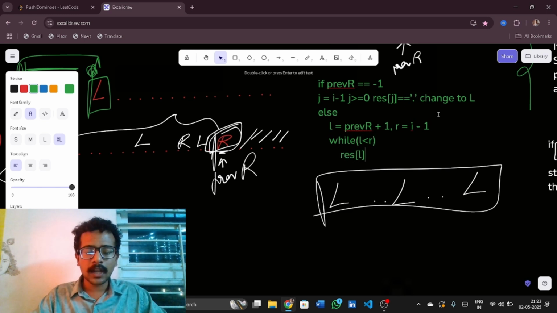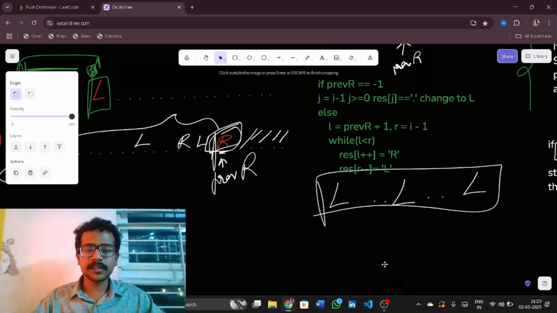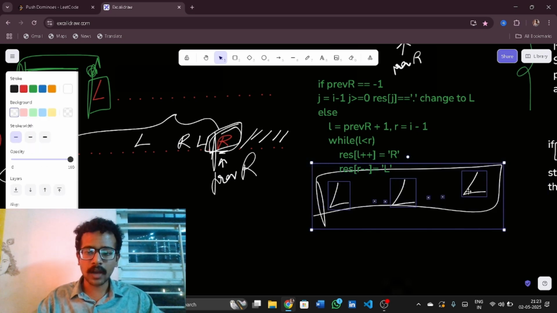Result of L plus plus will be from right, and then result of R minus minus will be left. I think it's clear for you till now. So this is how the two pointer approach works. That's what I wrote here.